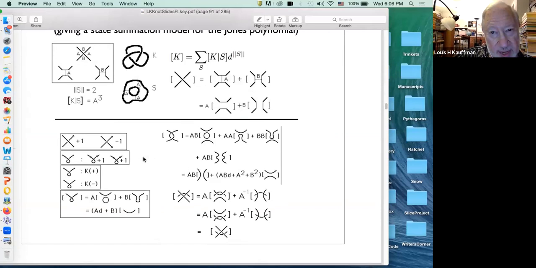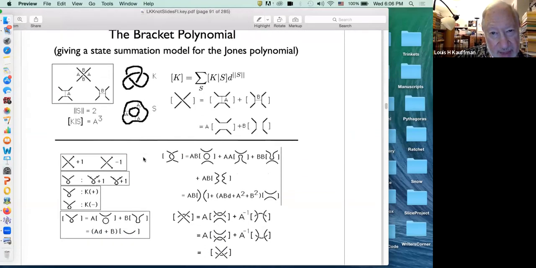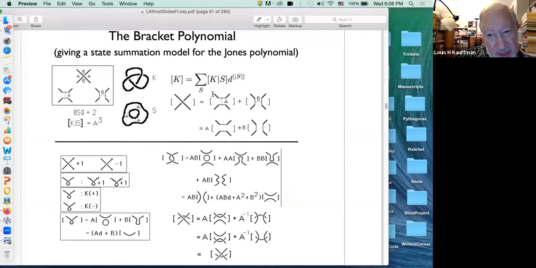And so we get a state summation, and then I've indicated in my little condensed slide here as well, that the bracket is the sum over the states of the contribution of the state from the knot, and that means the A's and the B's, and then D, the value of the loop, raised to the number of loops in that state.